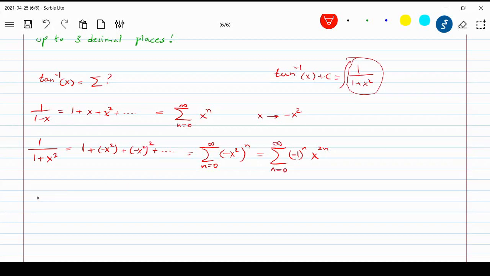Okay, so let's see what tan inverse of x is. Tan inverse of x is some constant plus the integral of 1 over 1 plus x squared, which is some constant plus the integral of the summation, n from 0 to infinity, of negative 1 to the n, x to the 2n, dx.